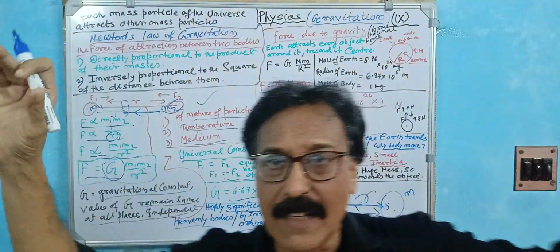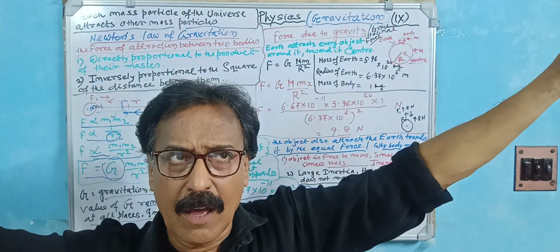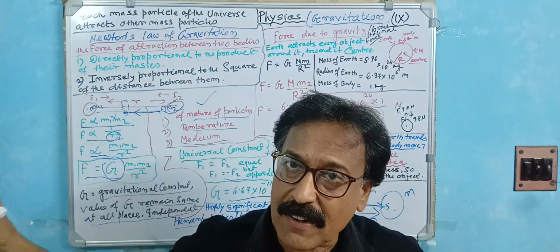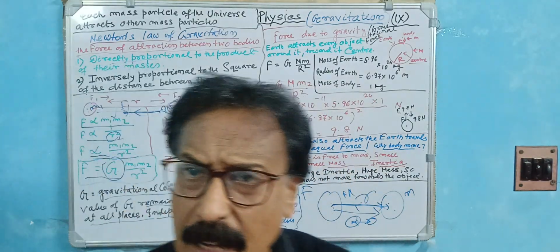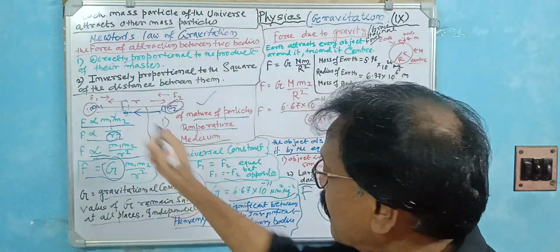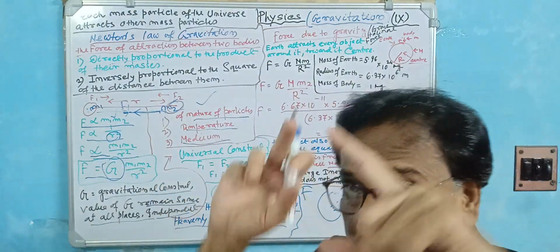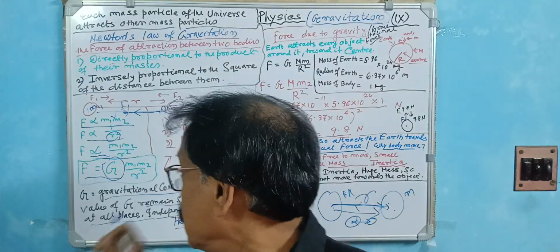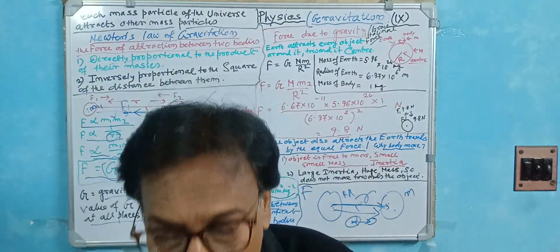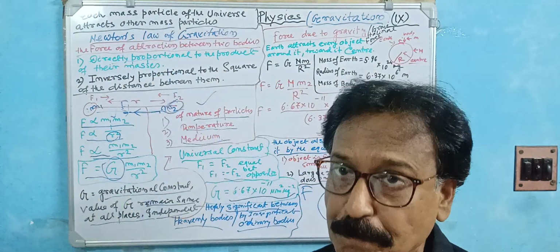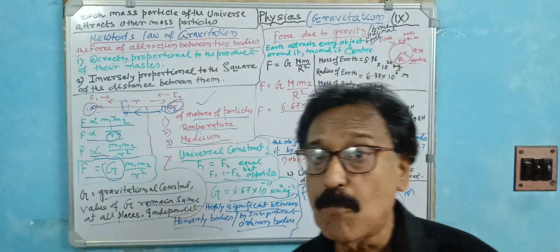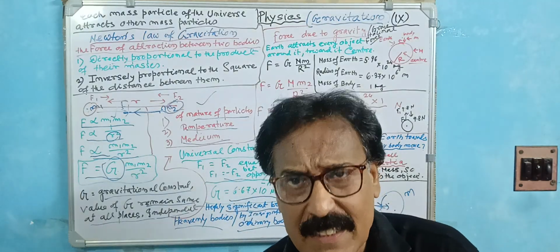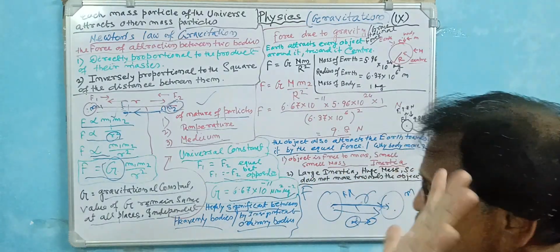But in the universe, between two stars or two planets, the attraction is huge because of the large amount of mass. For that, it is very much applicable. So G is called the universal constant, and this is called the force of gravity or the gravitational force, very much applicable to heavenly bodies but very insignificant for small bodies. Okay, is it clear to you?